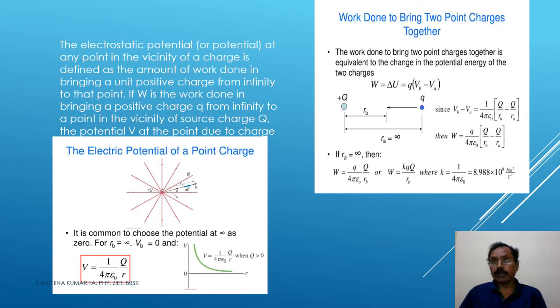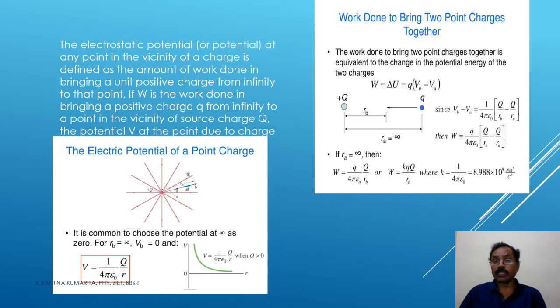When we bring the charge from infinity to a particular point, the amount of work done is called potential. When you bring the charge in the vicinity of the electric field from one point to another point, that is called the potential difference.